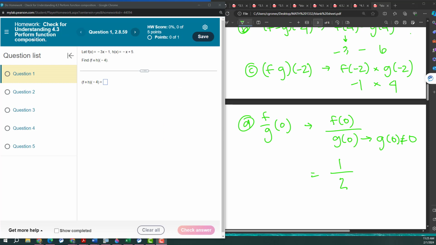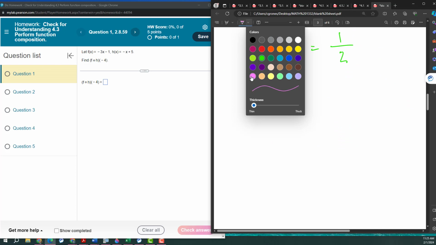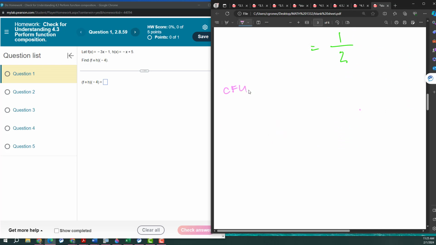All right, for 4.3, I'm going to look at number 1. Check for Understanding 4.3, number 1. It says that f of x equals negative 3x minus 1. H of x equals negative x plus 5. And we want to find f of h where x equals negative 4.